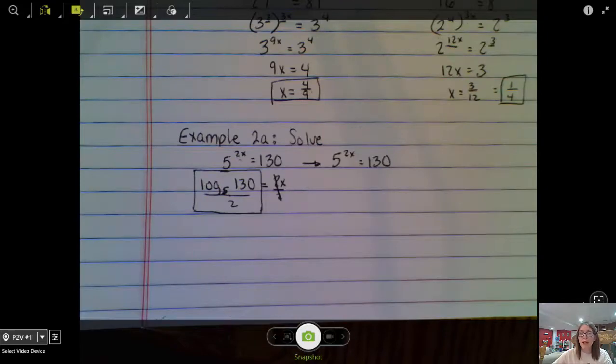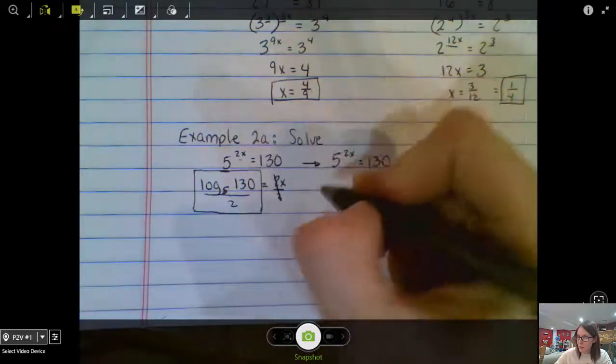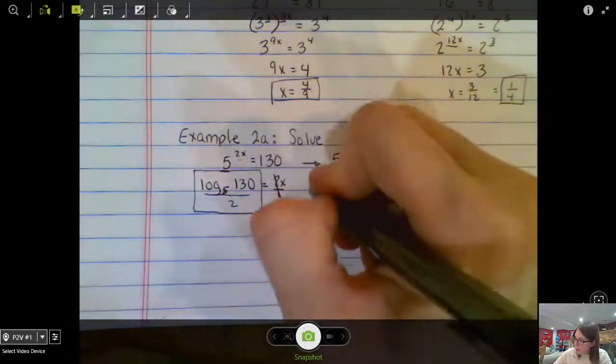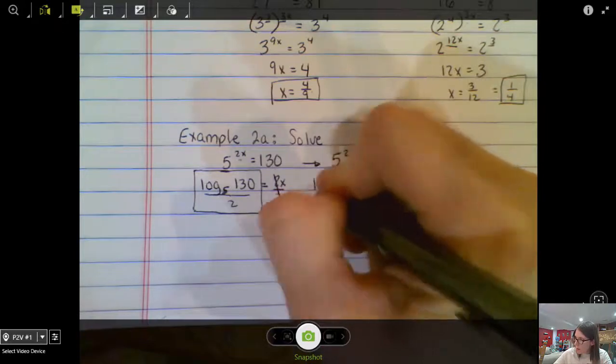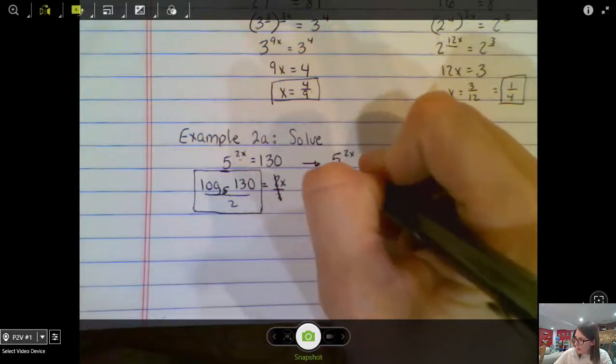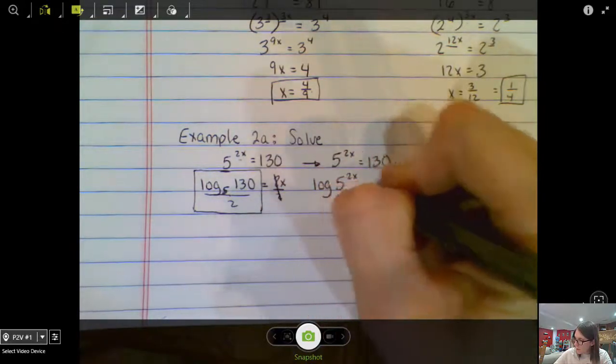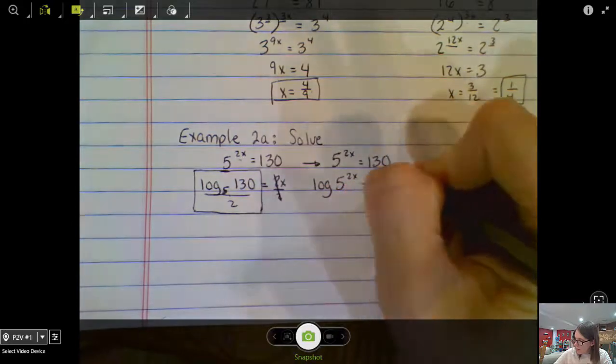We can also take a log of both sides, because logarithm is still another operation that we have. We could take the log of both sides. The log of 5 to the 2x equals the log of 130.